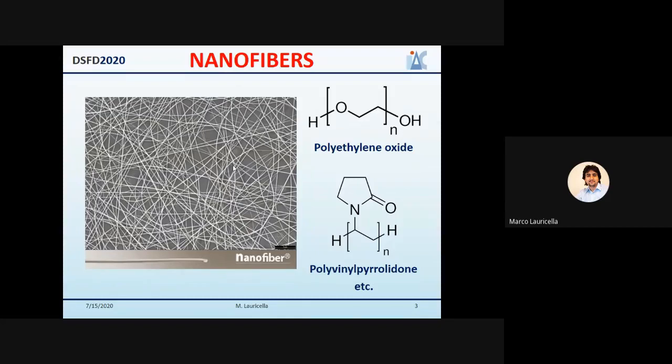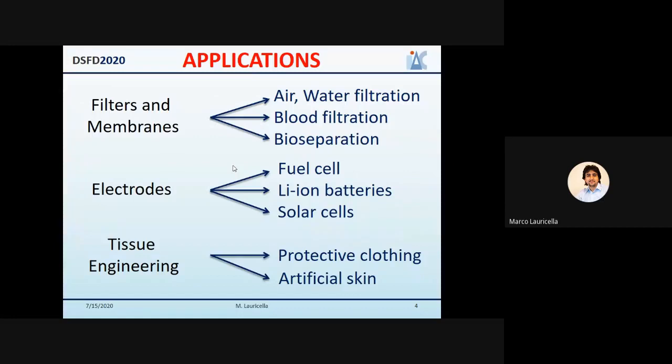The high surface-to-volume ratio, and so the high porosity, are probably the main features of electrospun materials. As a consequence, nanofibers can be used in the context of filters and membranes. For instance, electrospun materials are suited for water filtration, blood filtration, bioseparation.